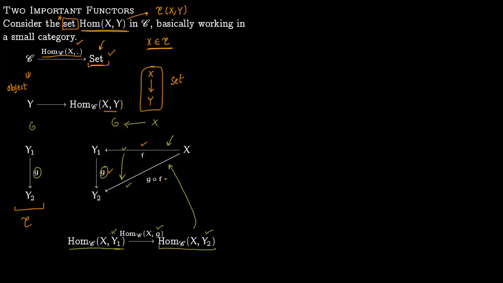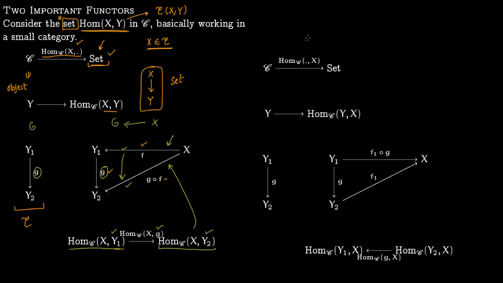Now let us reverse this process. Let us get something contravariant. So you do the same thing here, but now we will reverse the arrows. So we will land in the opposite category. So again you have the same thing here, but now instead of having X in the first place, you have X in the second place.